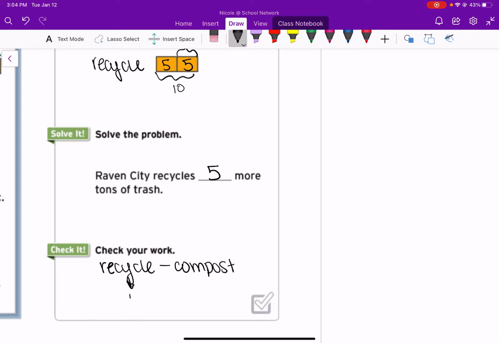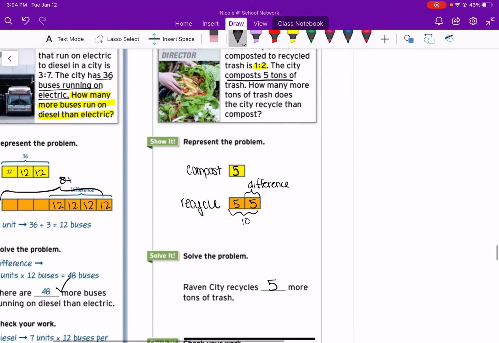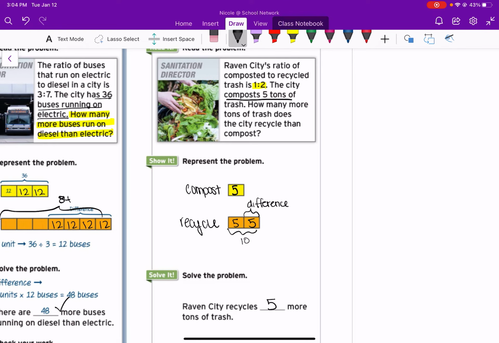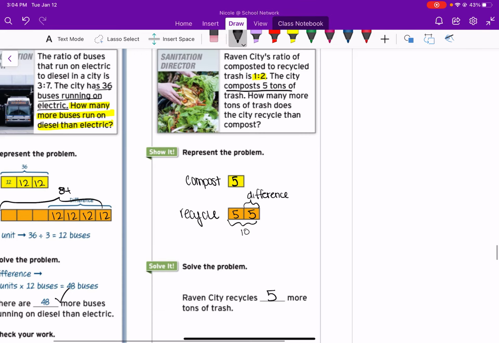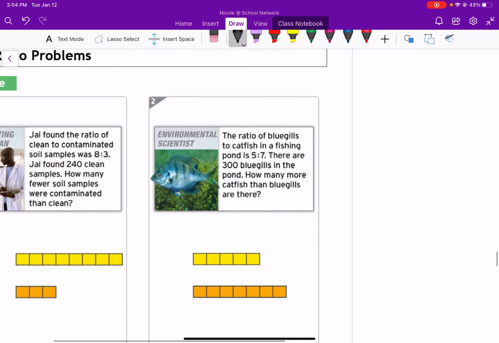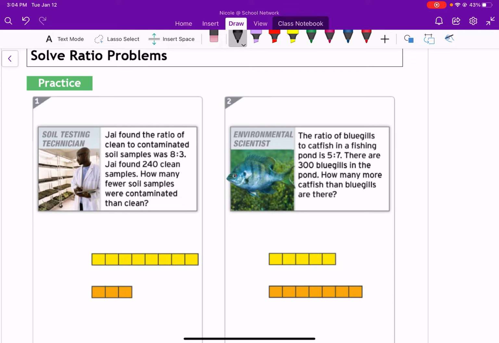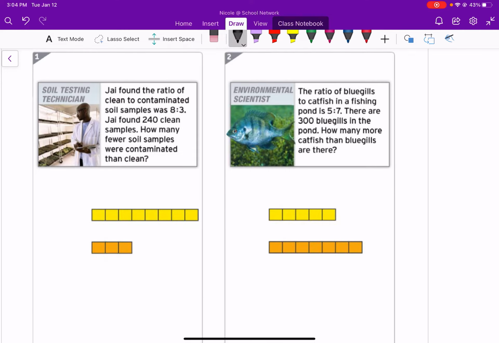Well, they recycled 10, they composted 5, so 5 is the difference between the two. Okay? So here, drawing a model always helps with these types of problems. Go ahead and use that to complete these two. They look very similar. So go ahead and pause this video and do that now.